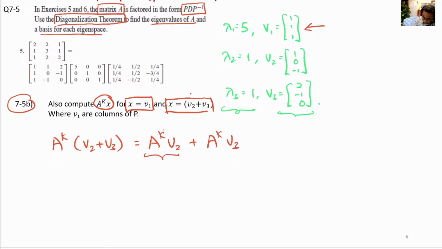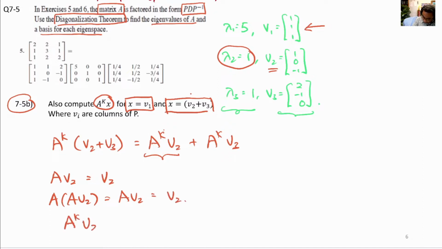We can try A times V2 individually, and we see that for V2, the eigenvalue is 1. So A V2 remains as V2. A times A V2 is the same as A V2, therefore it is still V2. So A^k V2 is still V2.